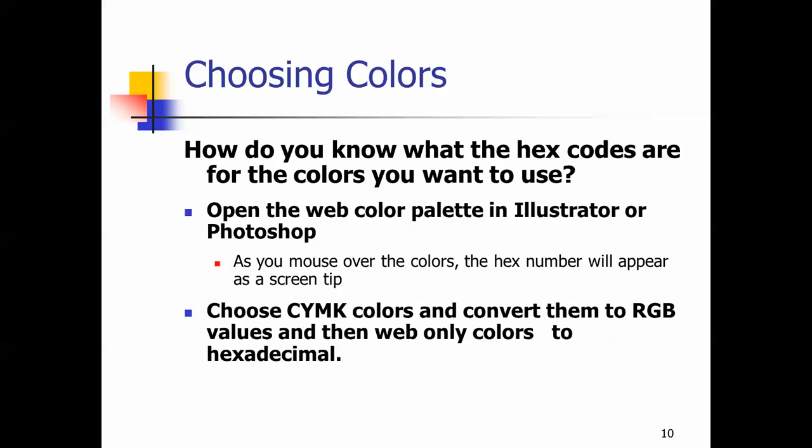Well, you can open the web color panel in Illustrator or Photoshop, and you can mouse over the colors and the hex numbers will appear as a screen tip. Now, you can also choose CMYK colors and convert them to RGB. And then you can choose web colors only and change them to hexadecimal that way.